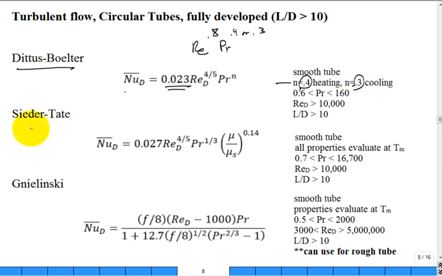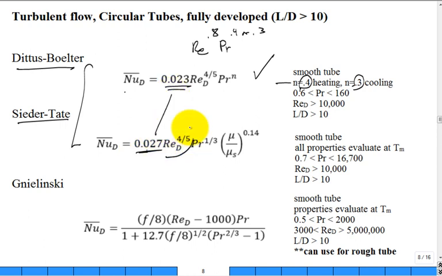Let's take a look at the Sieder-Tate. I think both of these are on the equation sheet available when you take the EIT exam. This one is not, but it's in textbooks, okay? So this is probably the most popular empirical convection correlation, Dittus-Boelter, turbulent flow in a pipe. All right, then this one, okay, that looks pretty close.